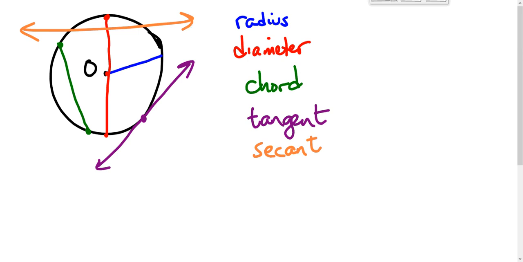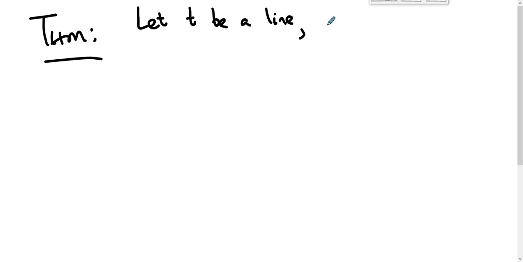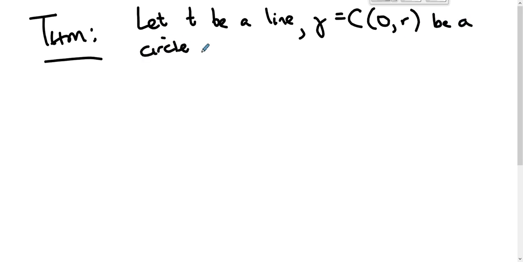I'm going to prove a theorem, and we'll be okay. We're going to let T be a line, gamma a circle centered at O of radius R, and P in T intersect gamma.